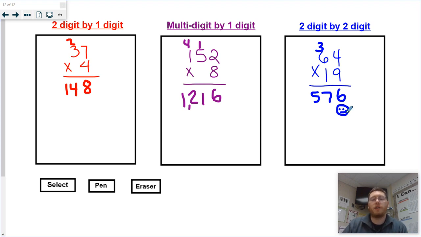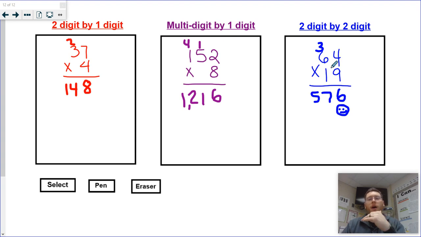Okay. Now that you have your placeholder there, after I've multiplied 9 by everything on top, now I can move on to my 1 in my tens place. So now you don't go straight up this time. You have to go over to your ones place, and then you go straight up to your tens place, and then you go over to your hundreds place.